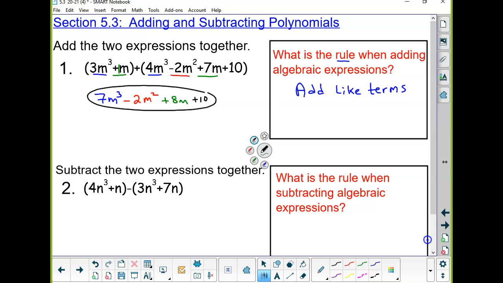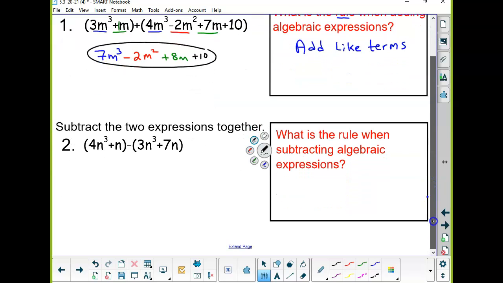Now, that's usually pretty friendly. It's number 2 that can be a little bit tricky. And this is very similar to the warm-up we did, that you want to make sure if you have subtraction, that's really like changing this. So my rule, I think, when I subtract algebraic expressions is we want to change the problem to adding the opposite.